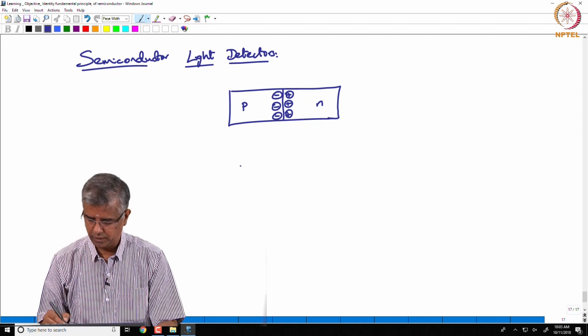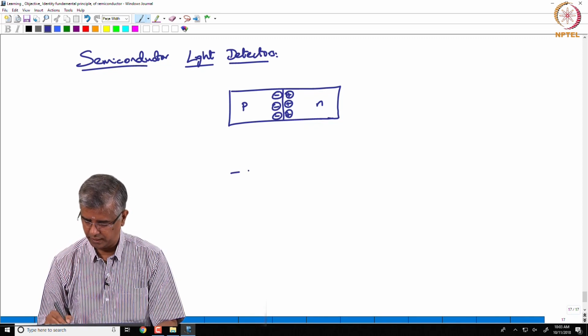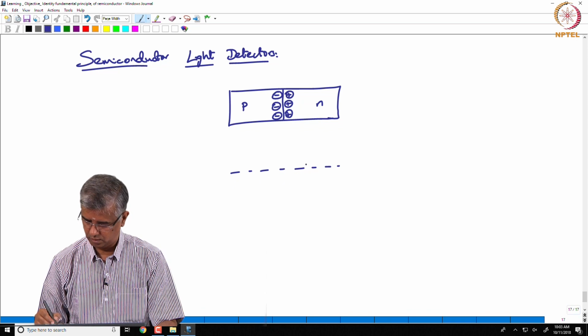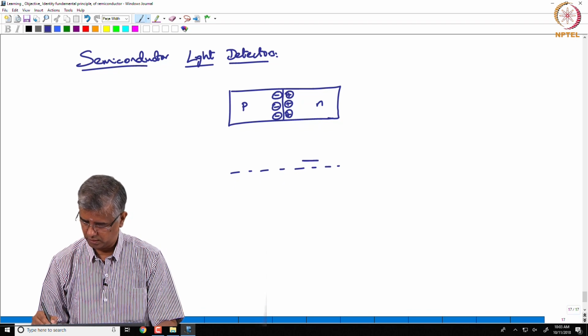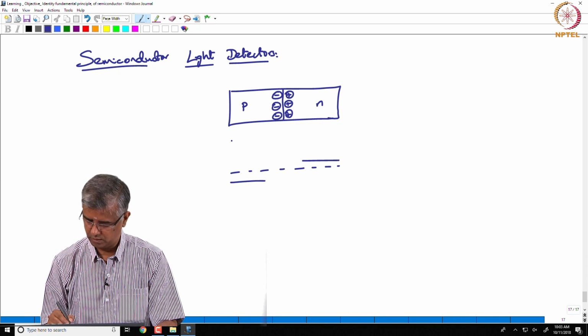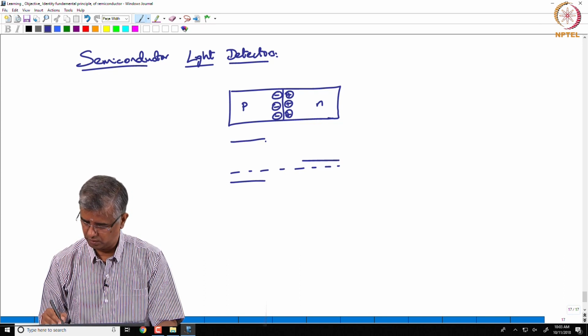And the corresponding energy level diagram will be such that on this side you have the conduction band here, on this side you have the valence band here. So, you have the conduction band from this side going like this.